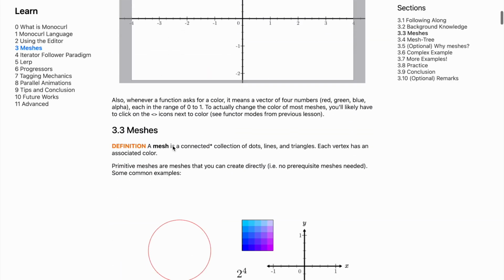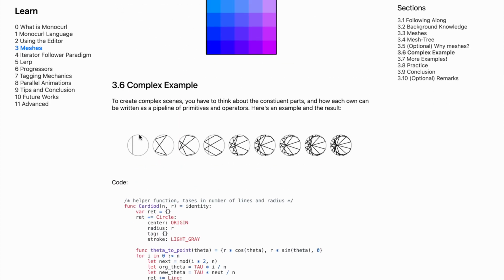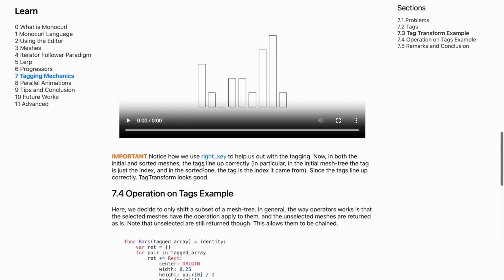For example, in the cardioid, maybe it would make sense that this gray circle and the lines together have the same tag, because even though they're separate objects, we still might want to treat them as one in some sense, or their sense of identity is shared. That's the idea.